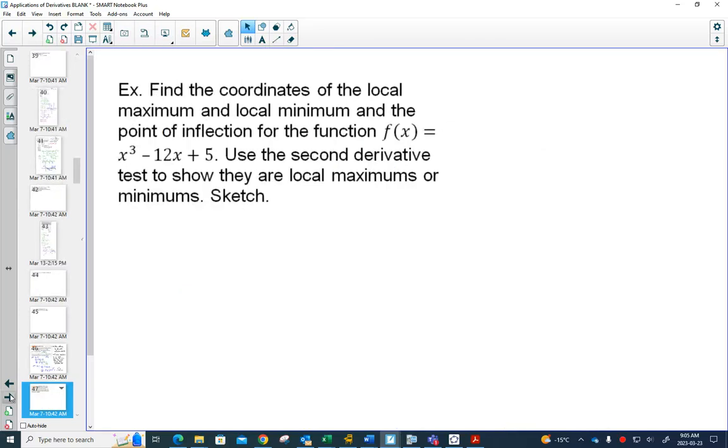So we are going to just use the second derivative test for this. And we're going to make a very big, oh, but it wants us to sketch. Oh, okay, I'm going to save you guys some time, because it doesn't make sense to do the second derivative test and sketch at the same time.